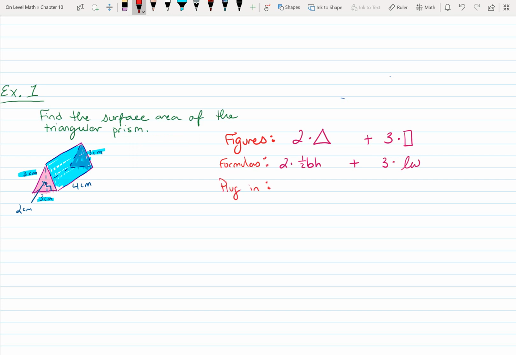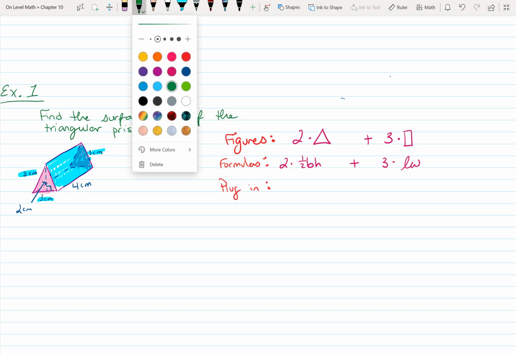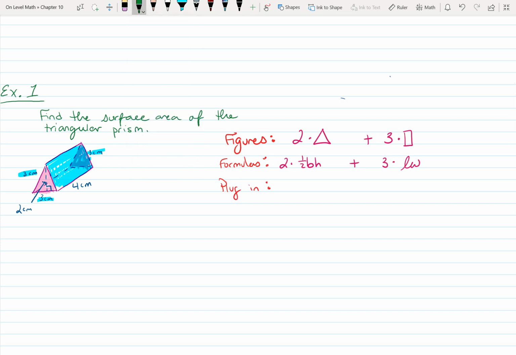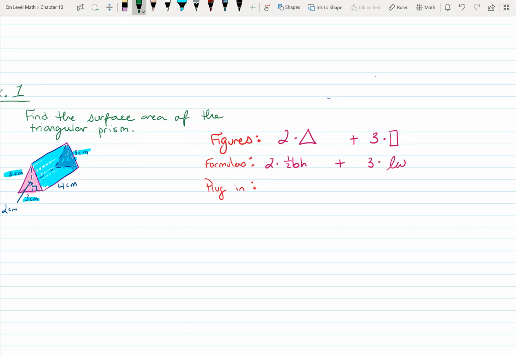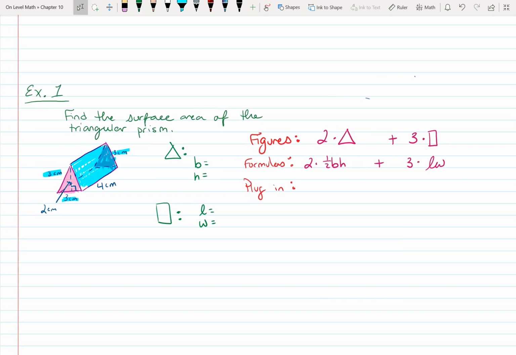So just like we did with our other rectangular prisms, we need to label what we know. So for our triangle, we know that we need our base, we need our height. For a rectangle, we need our length, we need our width. So let's look at our figure.